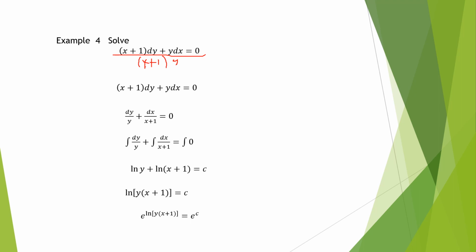You have e to the ln of y times (x + 1) is e to the c, and then our final solution is y times (x + 1) equals c1, where e to the c is just equal to c1, because this is originally e to the c.